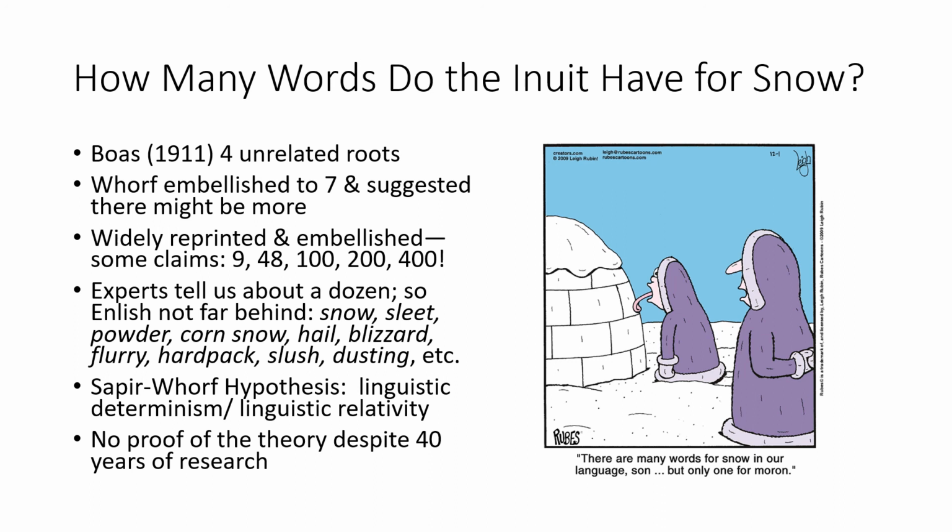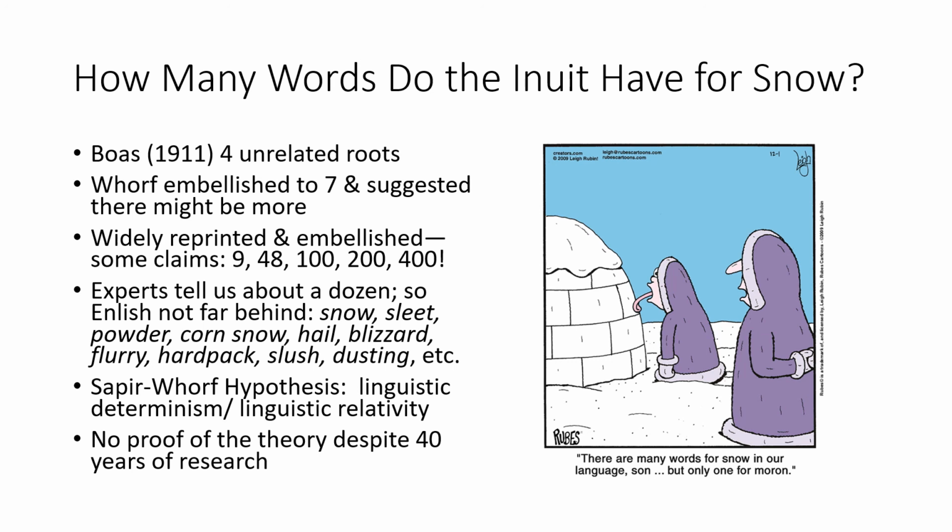And English is not really very far behind in that count, because we have lots of different words for snow. Snow, sleet, powder. I grew up in the West. Powder was very big because it's so good for skiing. Corn snow, not so good for skiing. That's that crusty snow. Hail, blizzard, flurry, hardpack, slush, dusting, and so on and so forth.